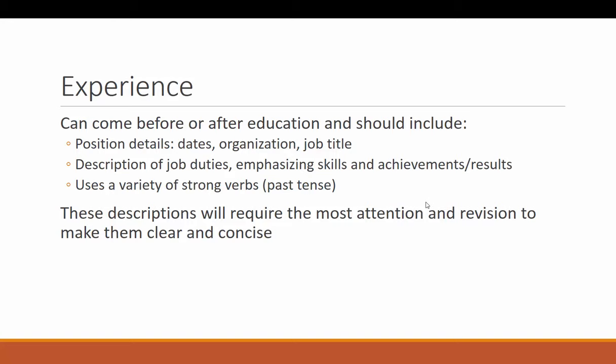So don't say something like, I was responsible for blah, blah. You want to instead say designed and created or implemented or some other kind of powerful verb that highlights the skill that you have and your various achievements. And these descriptions require the most attention and revision to make them clear and concise. So you want to spend a lot of time focusing on this section.